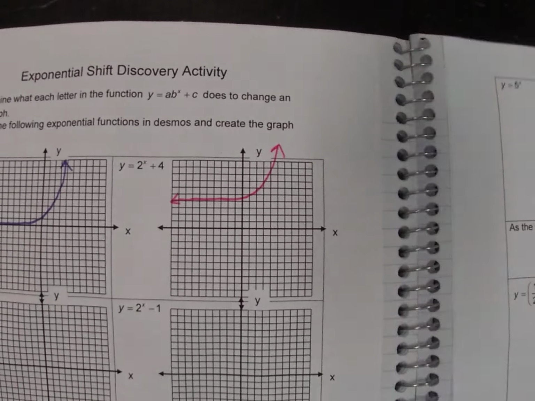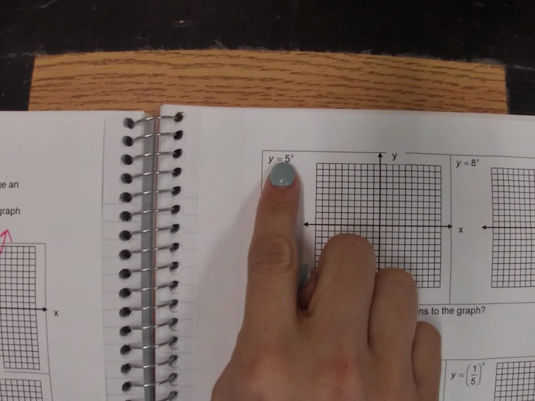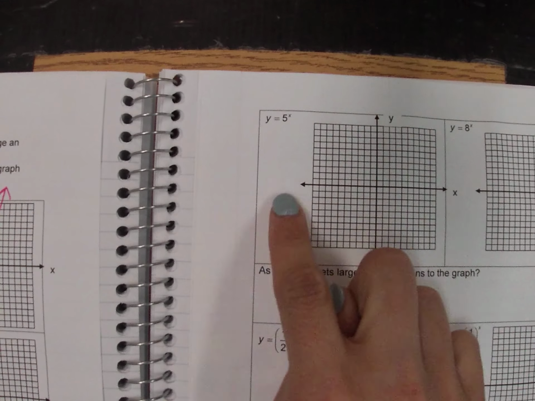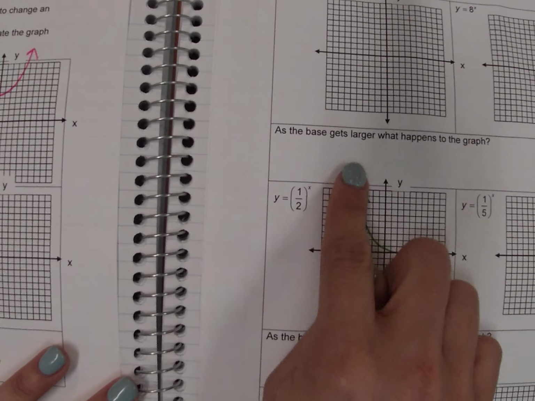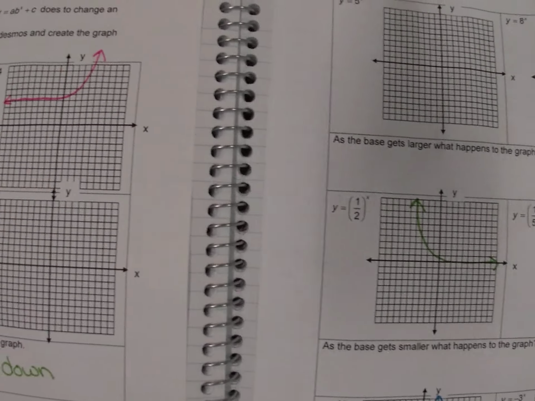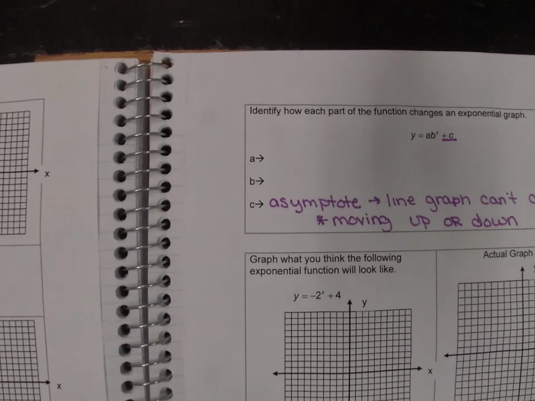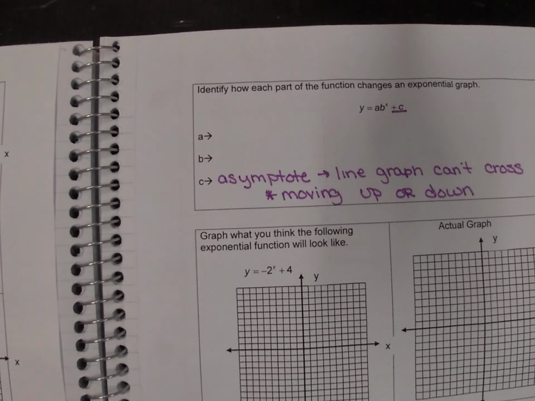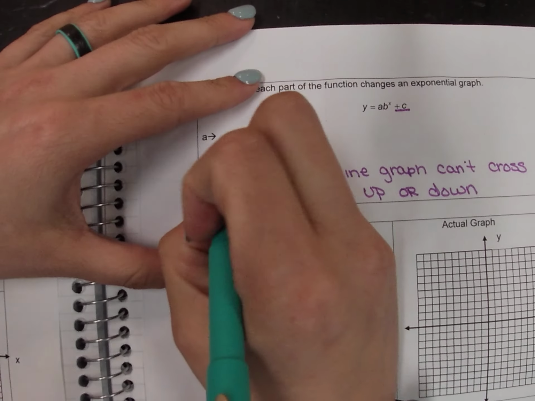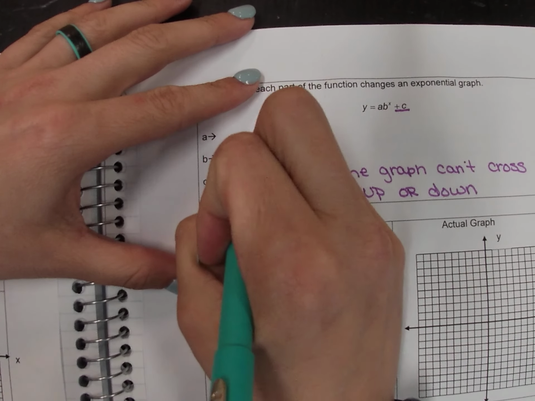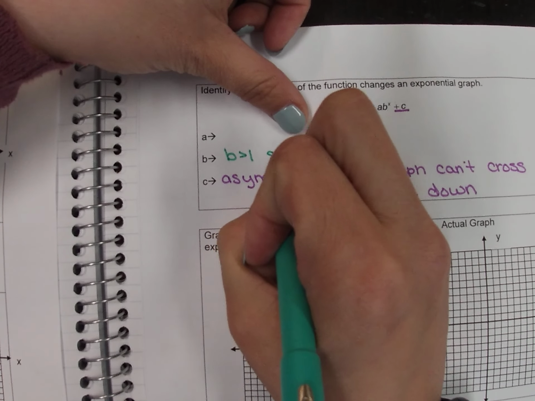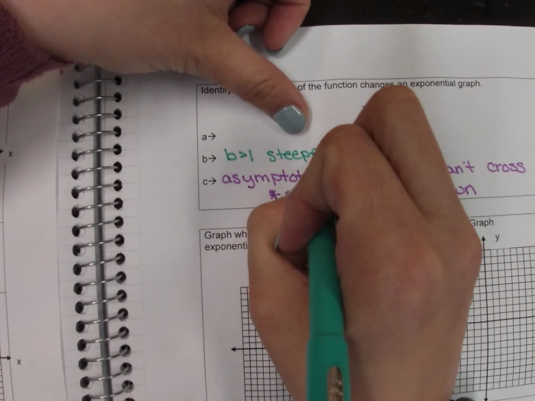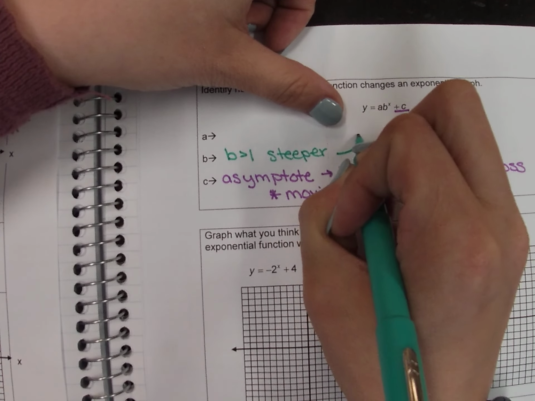Hopefully we noticed with our B values, when we changed the value that was in front, if it was bigger, we started getting steeper but still going uphill. If it was smaller, we started going downhill. So that B value, if B is greater than 1, it gets steeper, and it's going uphill in an increasing fashion like this.